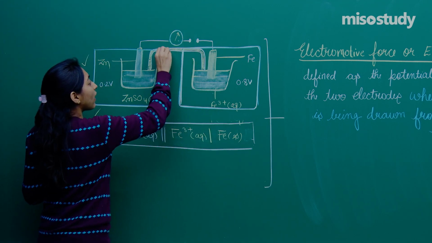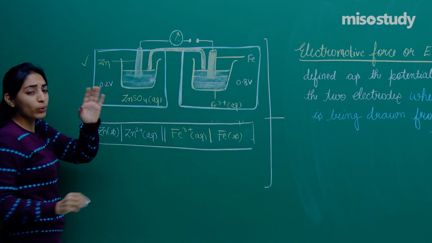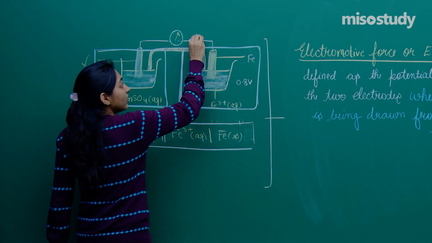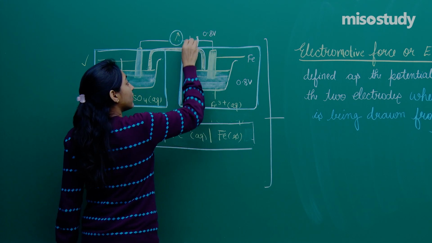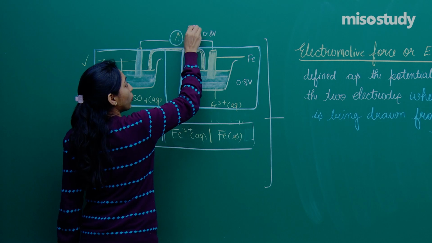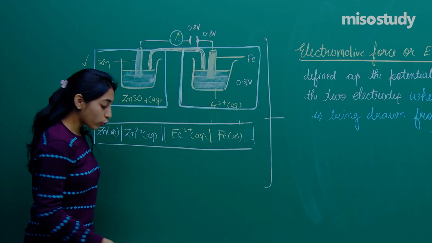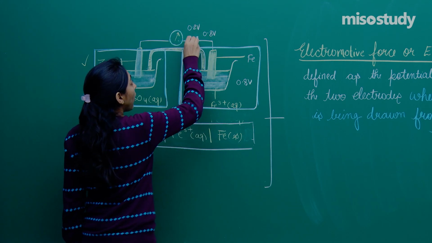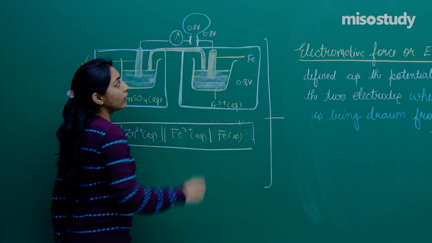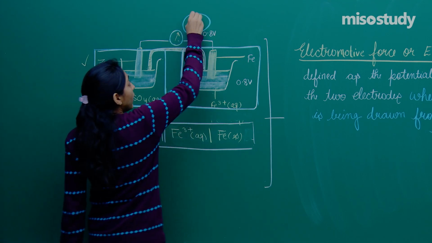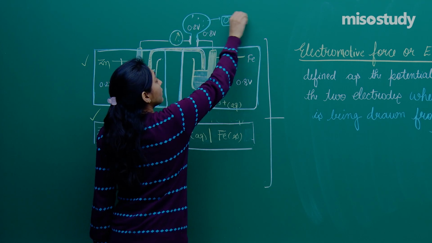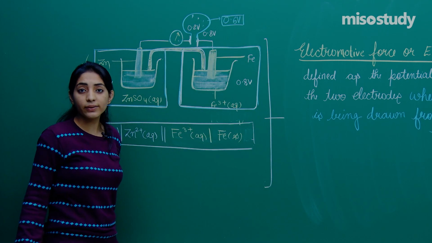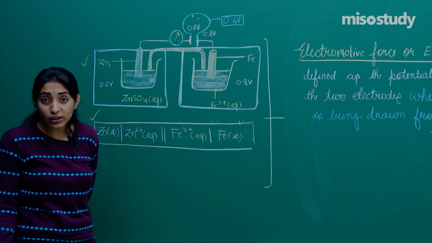Now when both are there, but we didn't connect them, this side there is a potential of 0.8 volt, this side there is a potential of 0.2 volt, right? So don't you think if I connect a bulb over here, the bulb will get a potential difference of 0.6 volts, right? This is what the potential difference is.